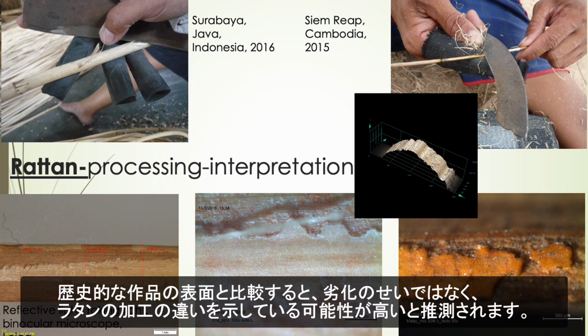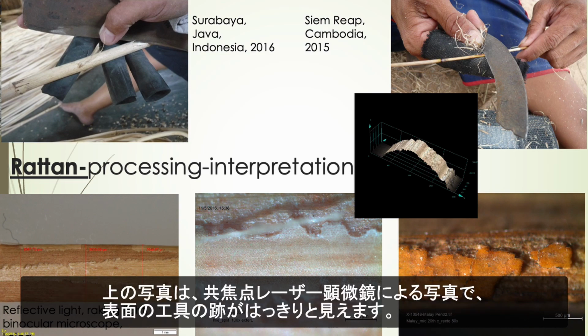Comparing that with the surface of a historic piece, which you see at the very bottom right, we may deduce that what we see most likely indicates how rattan was worked, rather than attributing that appearance to deterioration. There are definitely similarities in the shape of, I call it, islands of silica. And by the way, the small inset above that image is a digital micrograph generated by a confocal laser scanning microscope, which shows clearly the tool marks on the surface.